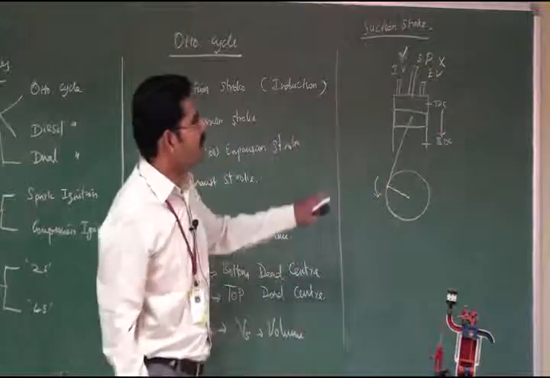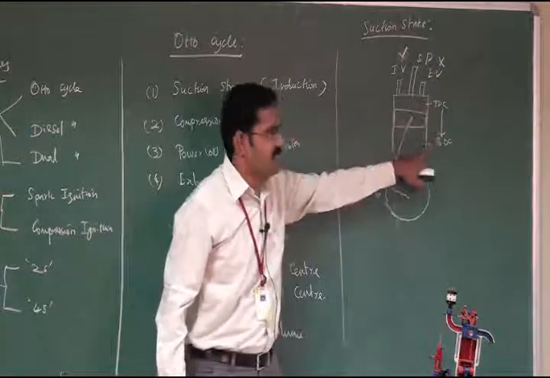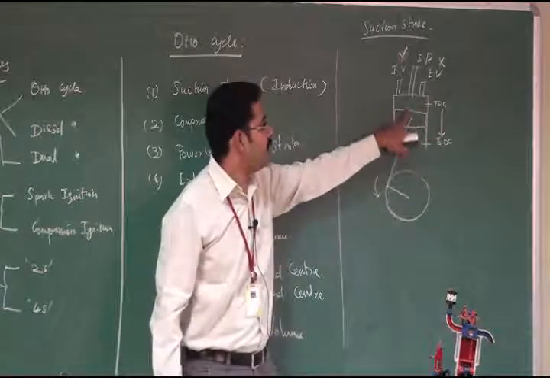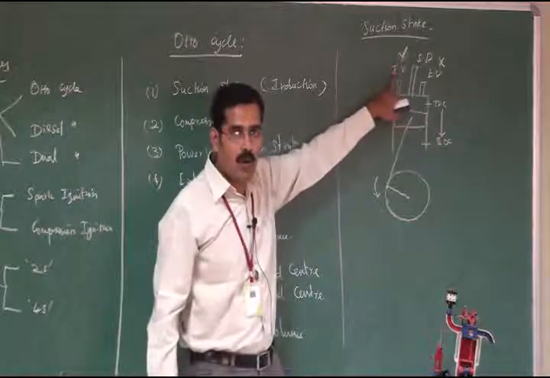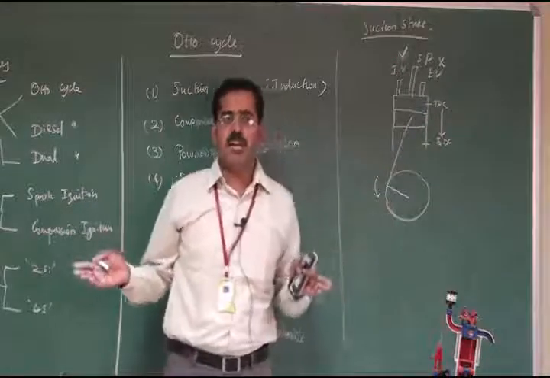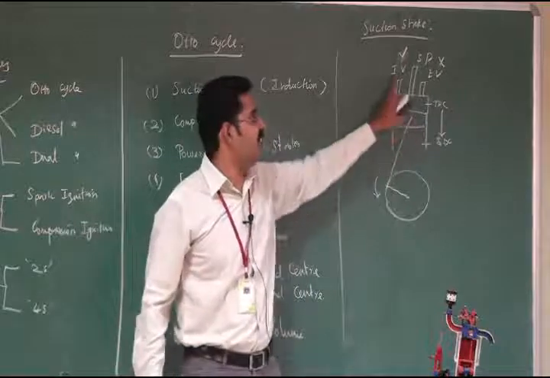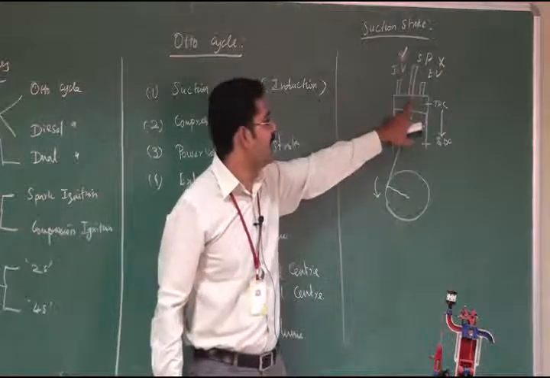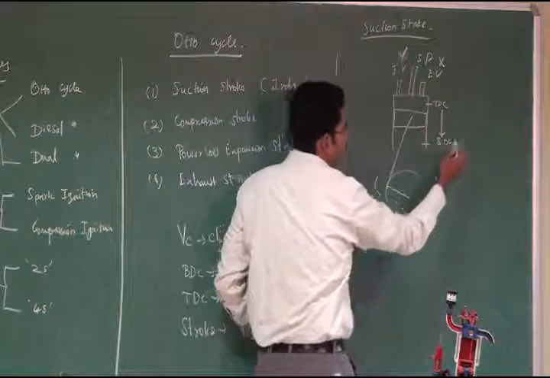During this time, a vacuum is created inside the cylinder. Due to this vacuum, the inlet valve gets opened, because in the atmosphere we have one atmospheric pressure and here a vacuum is created. To compensate this, the inlet valve will automatically open. When the inlet valve gets opened, the air fuel mixture is admitted into the cylinder.